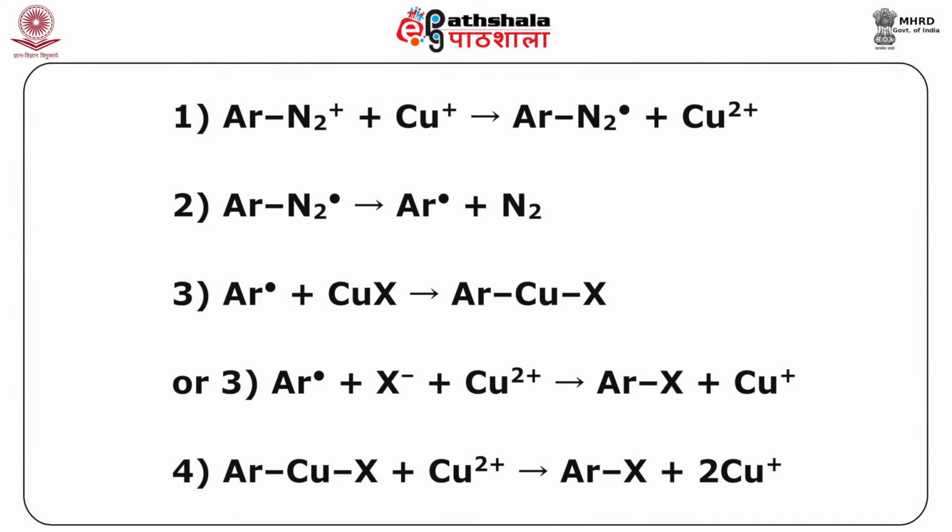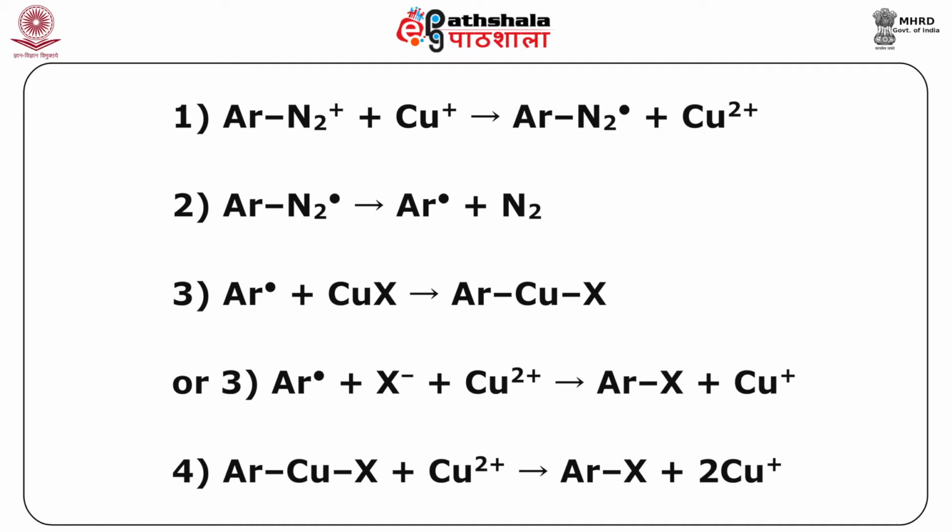The reactions between copper salts and arene diazonium ions are also believed to involve free radicals. In these reactions, the free radicals are generated in the first step by cuprous ion reduction of the diazonium ion. The cuprous ion is then regenerated in the final step as the product is formed.